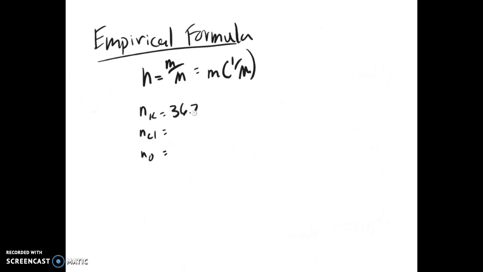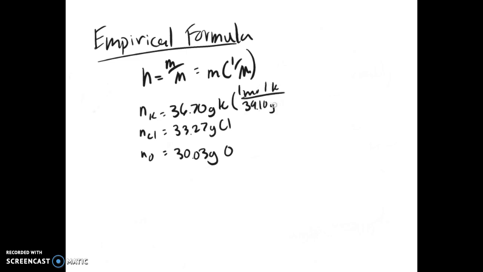So you take your numbers here, you just write them down so I don't forget them, times 1 mole of the substance over whatever the molar mass in the periodic table is, assuming 1 mole, gives you how many moles are present in this substance. So we're assuming 1 mole all the way down.